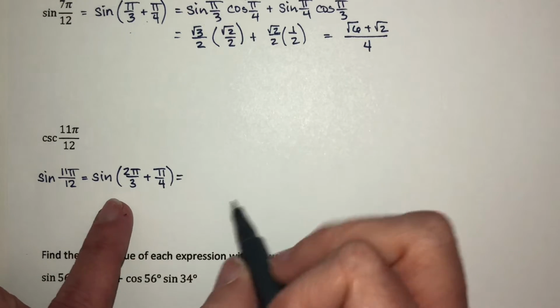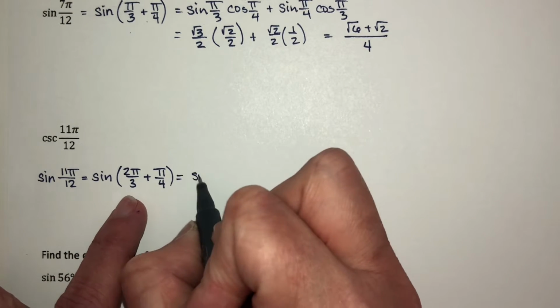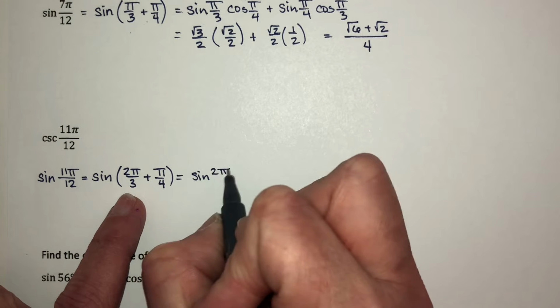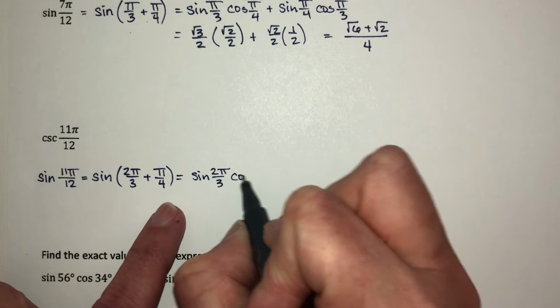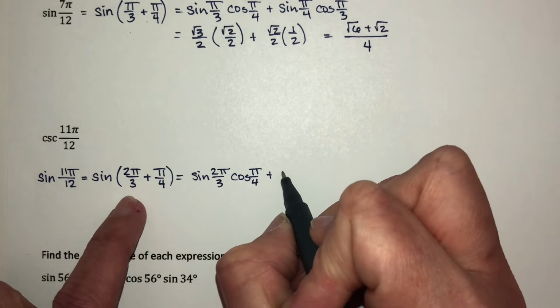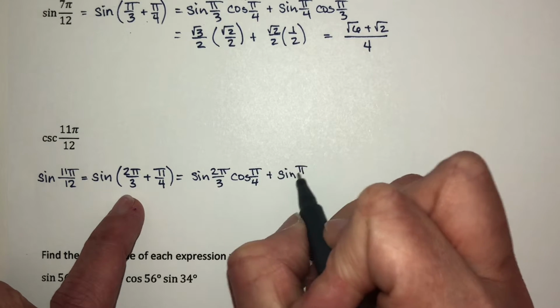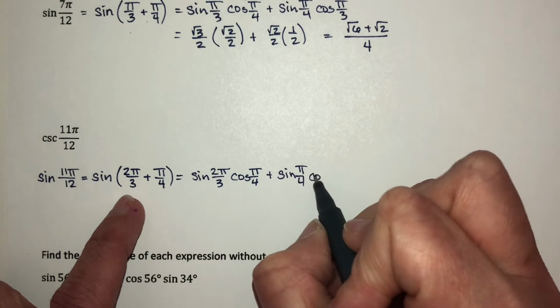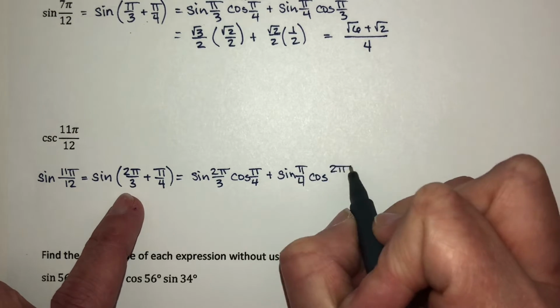Now, using the formula, you have sine of 2 pi over 3 cosine of pi over 4 plus sine of pi over 4 cosine of 2 pi over 3.